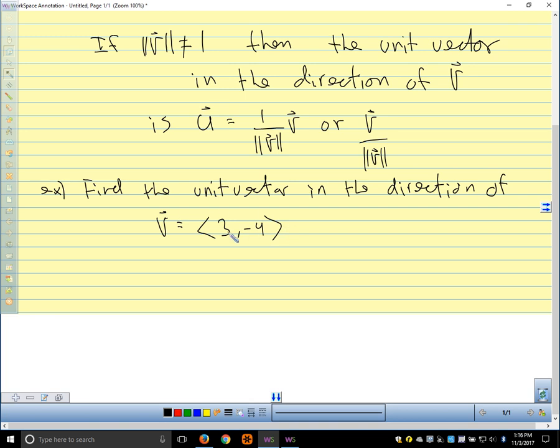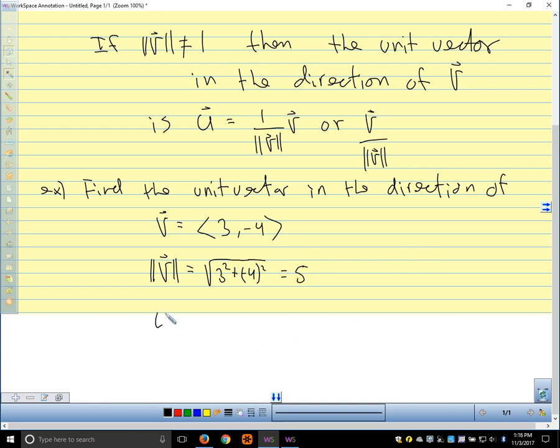Well, this vector doesn't have magnitude 1. So we're going to find a vector that does. So we're going to find the magnitude of v. It's going to be the square root of 3 squared plus negative 4 squared. And if we think of 3 and negative 4 as two sides of a little right triangle, what's the hypotenuse? 5.